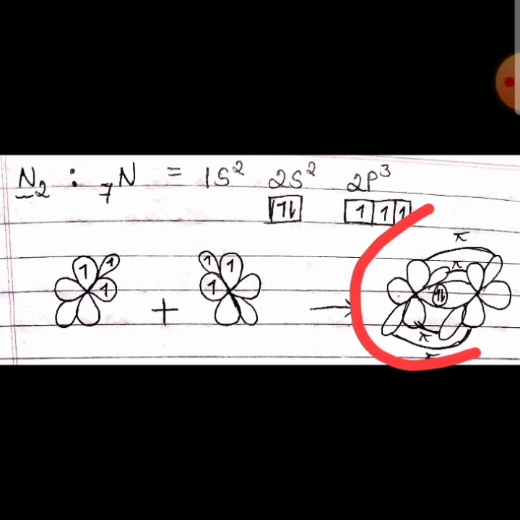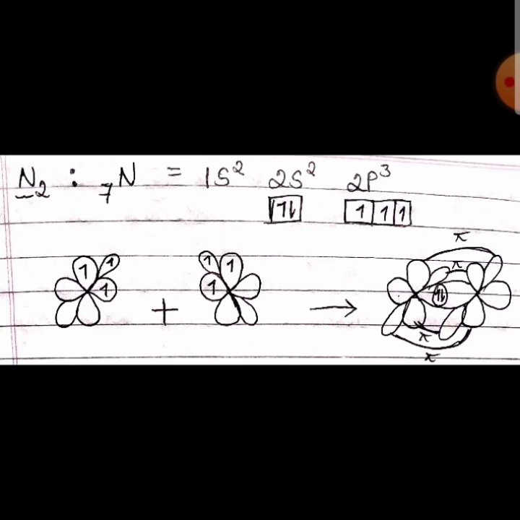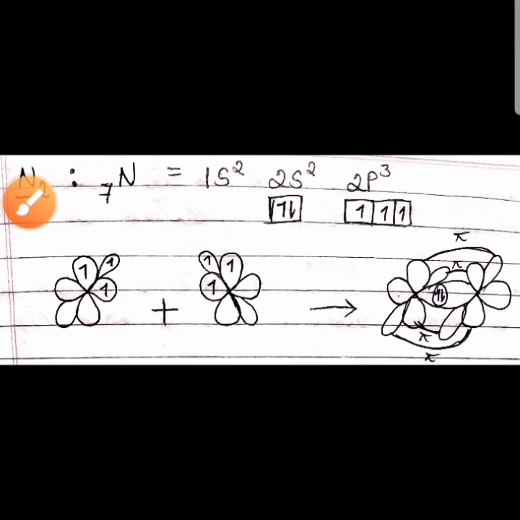So between the two nitrogen atoms, you can find three covalent bonds: one sigma and two pi bonds, created due to the overlapping of half-filled atomic orbitals.